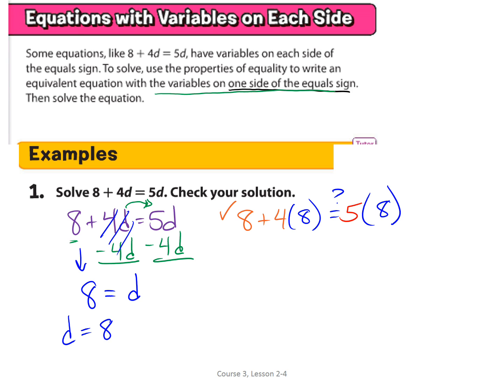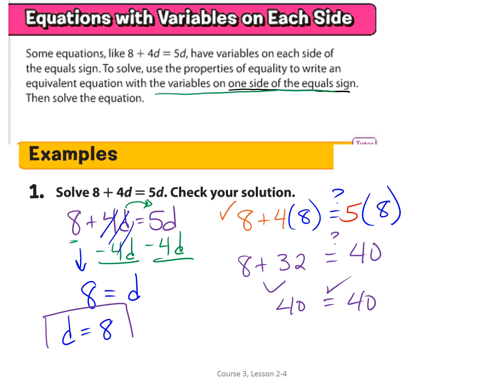Let's follow our order of operations. We bring down the 8, and we add 4 times 8, which is 32. Again, does that equal 5 times 8? We know 5 times 8 is 40. I know 8 plus 32 is equal to 40, and we know that 40 equals 40. So my answer is d is equal to 8.